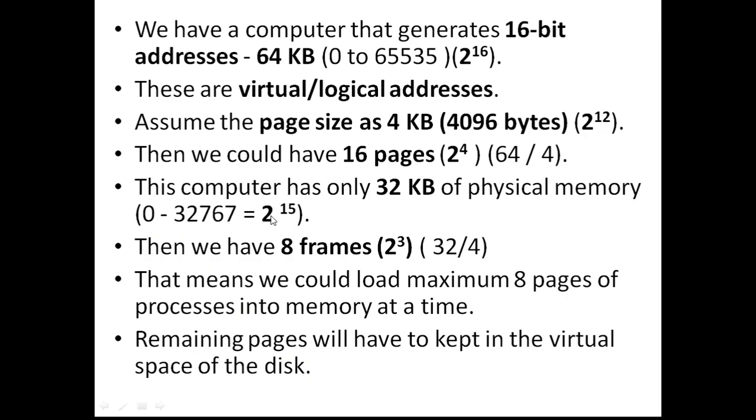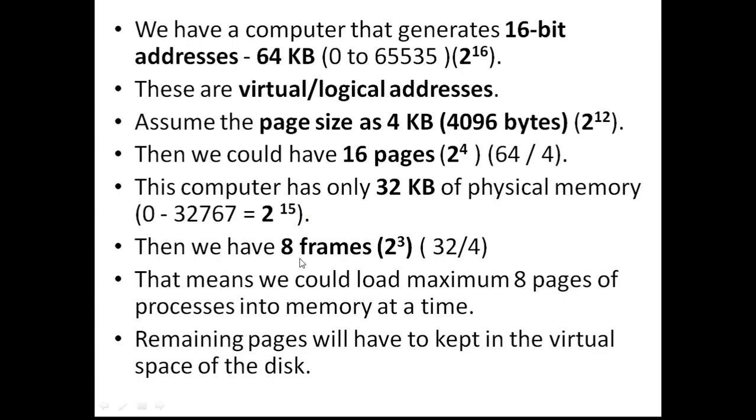So 2 power 15 is equivalent to 32,768. So in order to uniquely identify the main memory, we need 15 bits. And once again you can see that the size of the logical address is 16, whereas the size of the physical address is comparatively smaller. It only needs 15 bits.